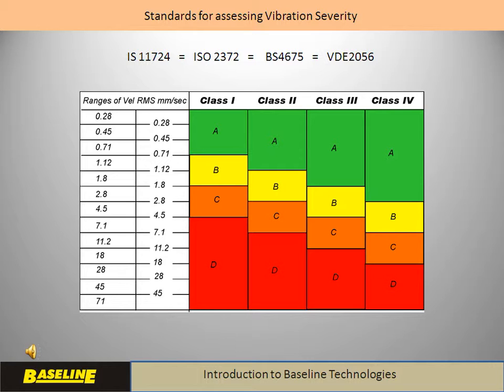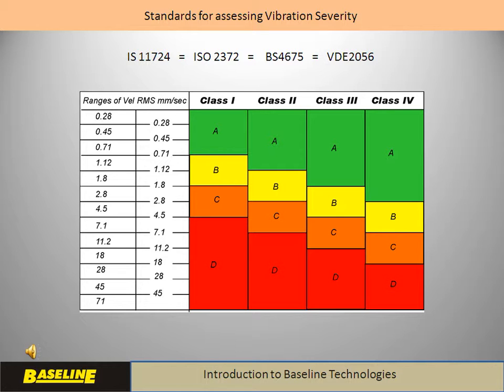In essence, the standard specifies how and what to measure and also classifies various types of machines into different categories depending upon their size and foundations. It then lays down relative quality grades depending upon the measurement of vibration velocity.